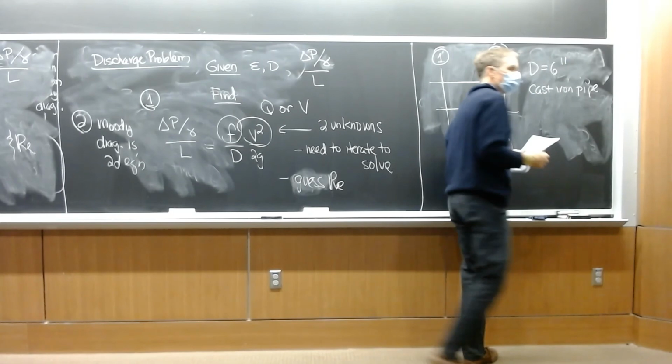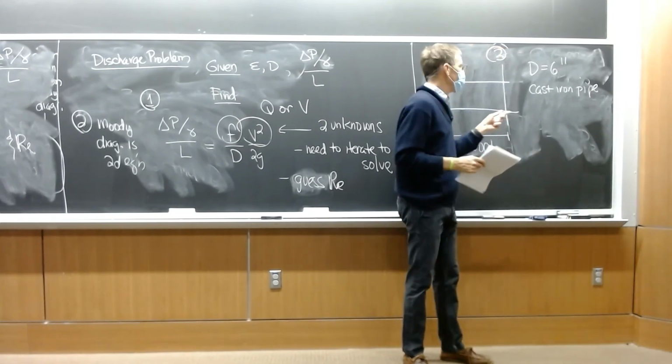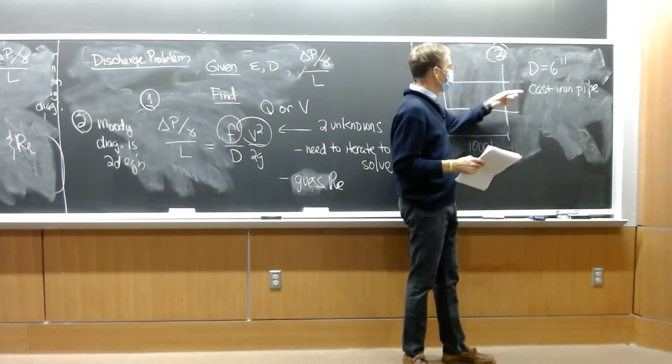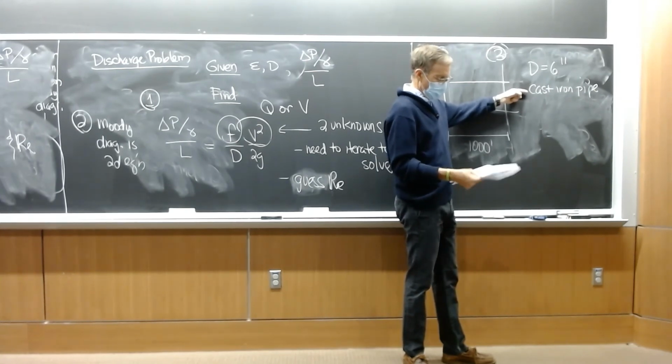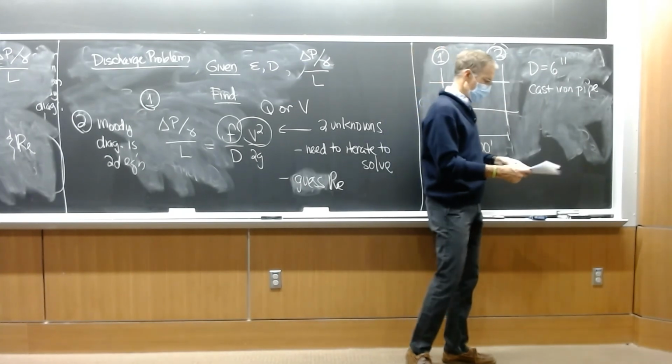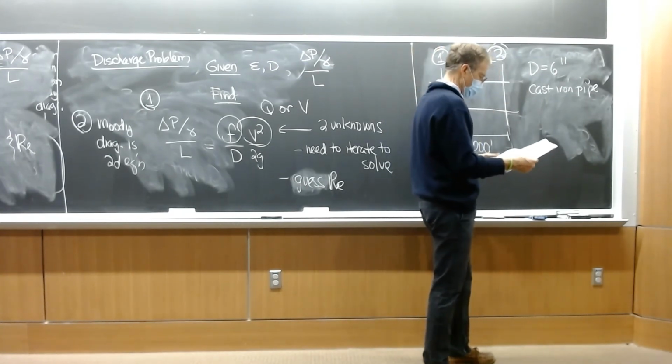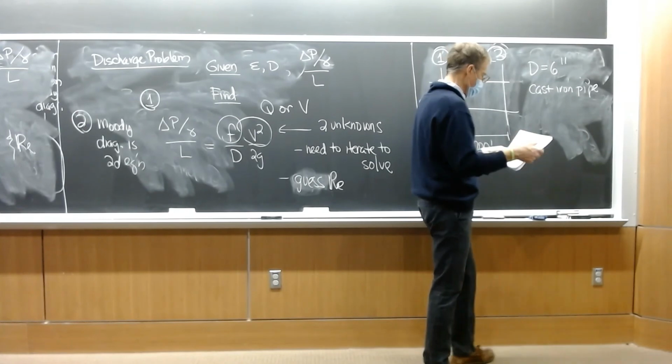Now, I point out that there's a table in the text where if you know what the pipe is made of, you can determine the epsilon value, the equivalent sand grain roughness or the equivalent roughness height.